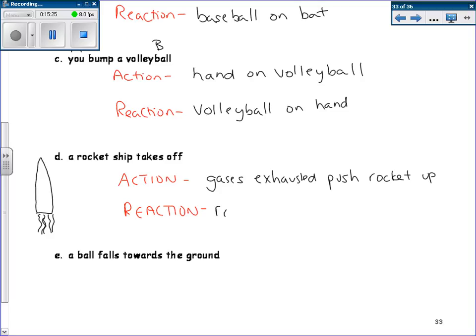And then the rocket pushes the gases out. That's hard, but basically, this is the force of the rocket on the gases, and this will be the force of the gases on the rocket.